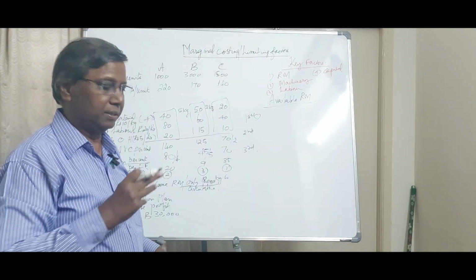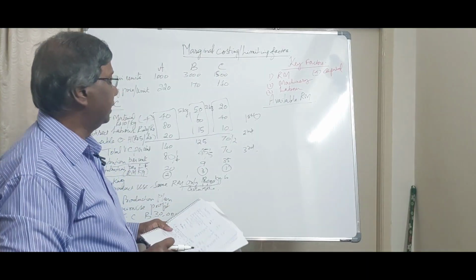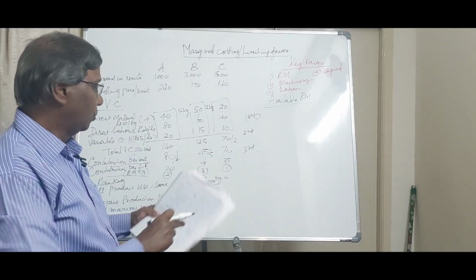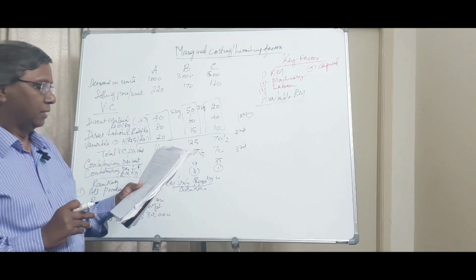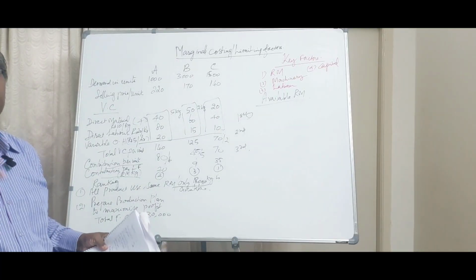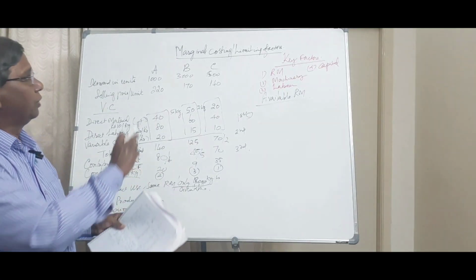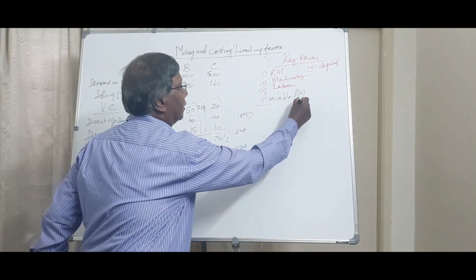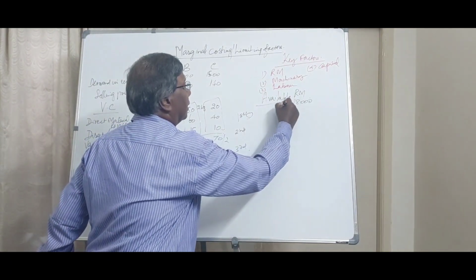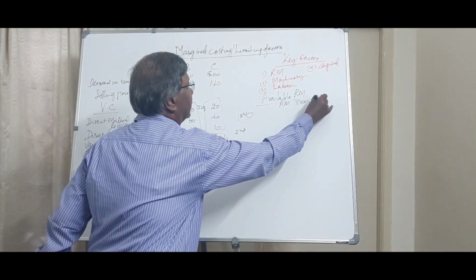You have to make a decision. So in this case, I will take C first. How many kgs are required in this case? Demand is 1500, total raw material available is 18,000 kg.